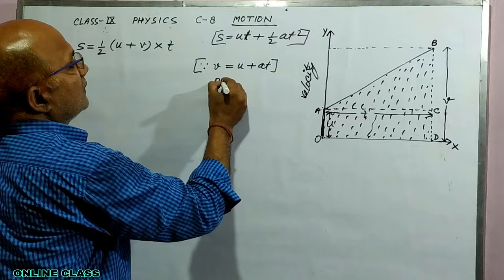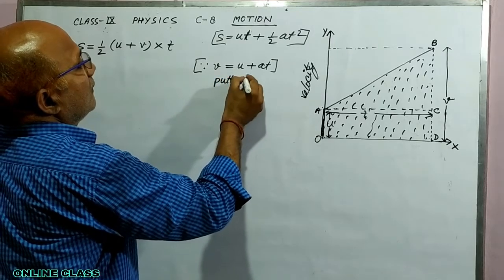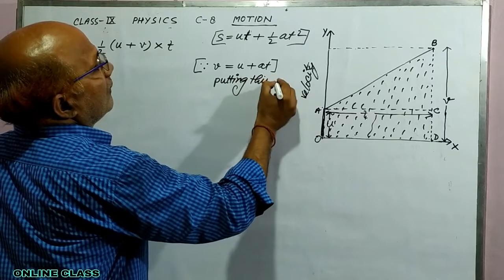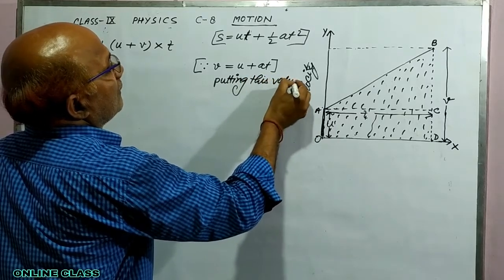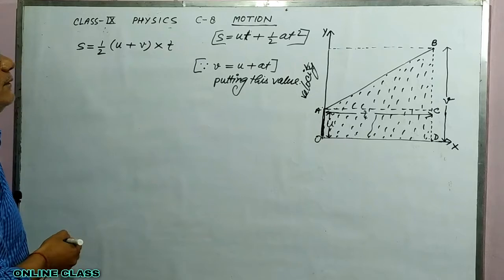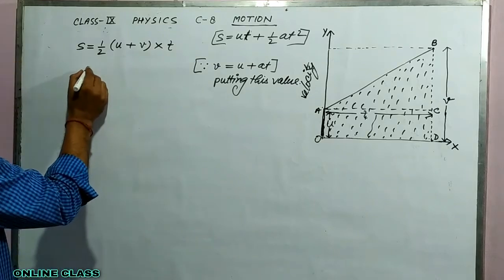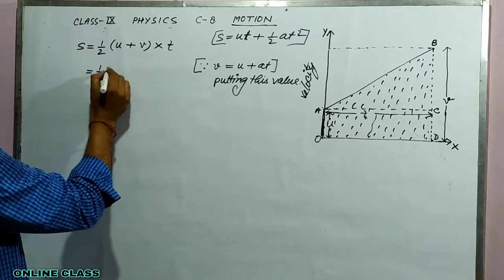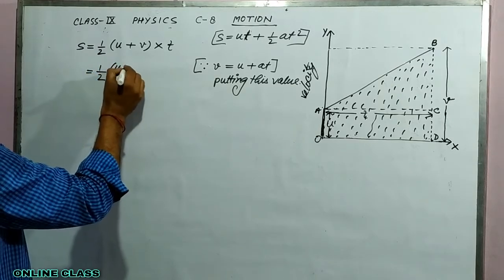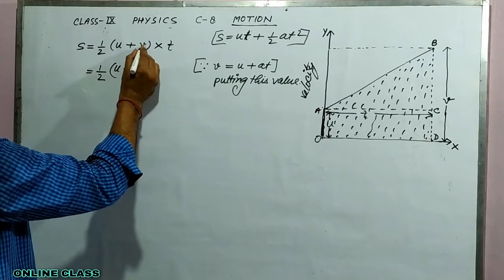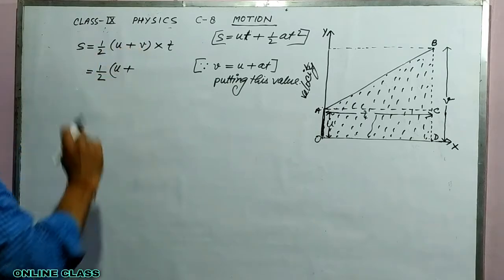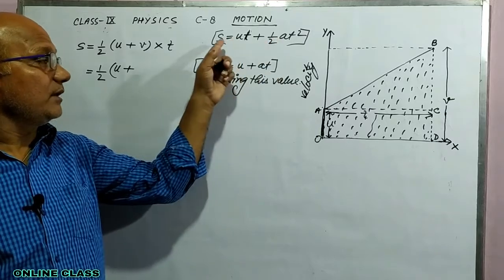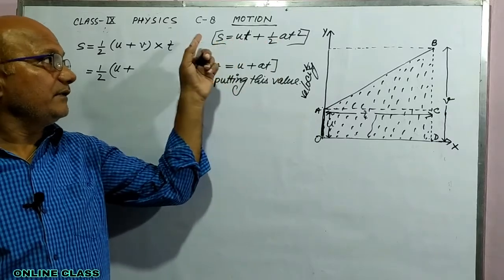So putting this value, we can write half u plus, we have to replace this v, because in the second equation of motion v is not mentioned.